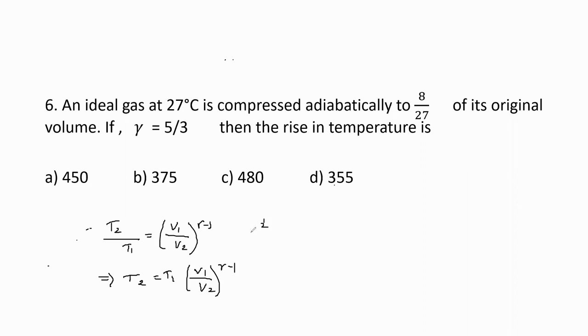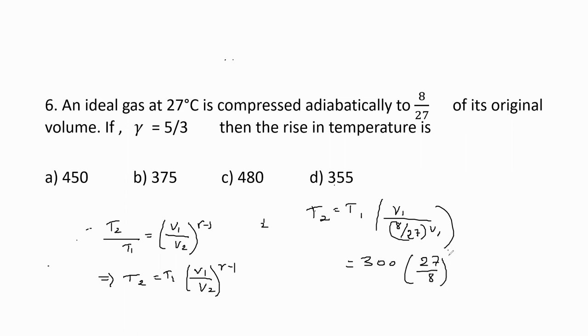That implies T2 is equal to T1 into bracket V1 divided by 8 divided by 27 of V1, that is nothing but 300 into 27 divided by 8 raised to 5 by 3 minus 1.